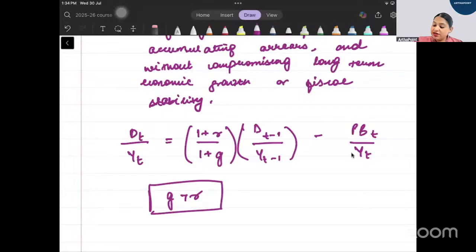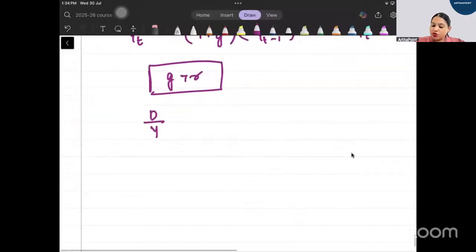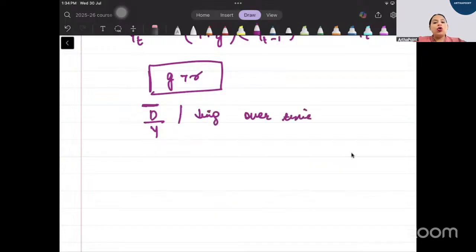And when will debt be sustainable? Only when this debt GDP ratio is either constant or decreasing over time. Only then it will be sustainable. This is a key indicator of debt sustainability, right?